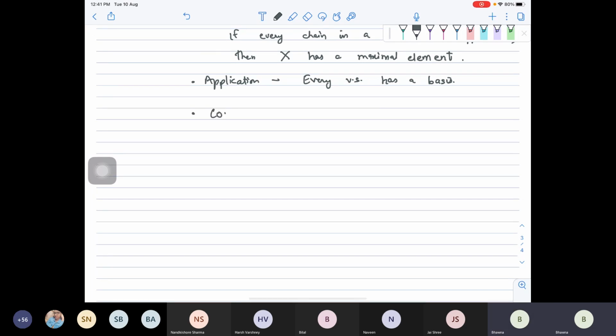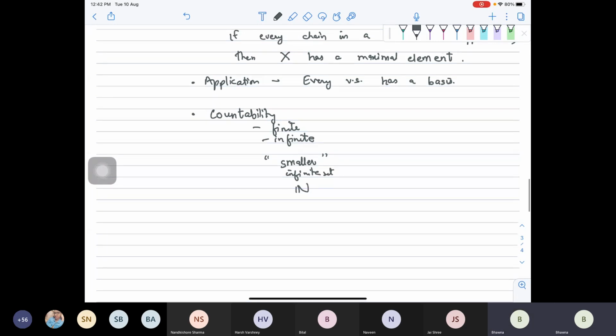Now we move on to countability. In this, we defined a finite set. Anything which was not finite was infinite, right? But in infinite sets, we wanted to understand what is a smaller infinite set, just like N, and differentiate it from a larger infinite set, like R, right?